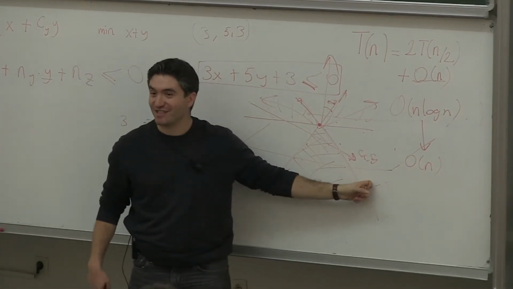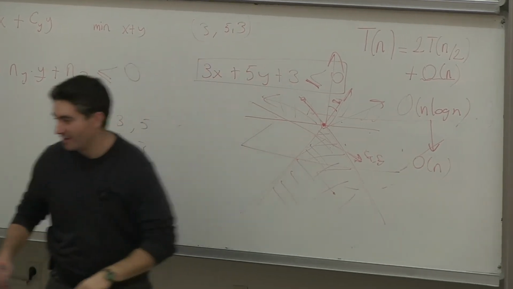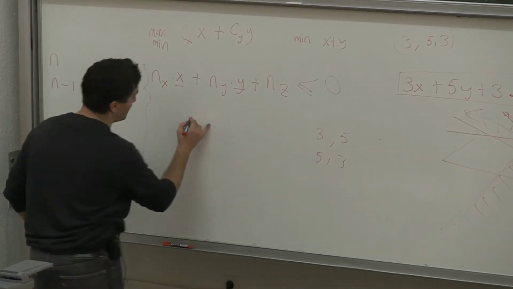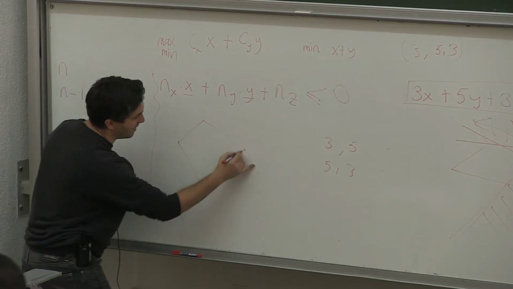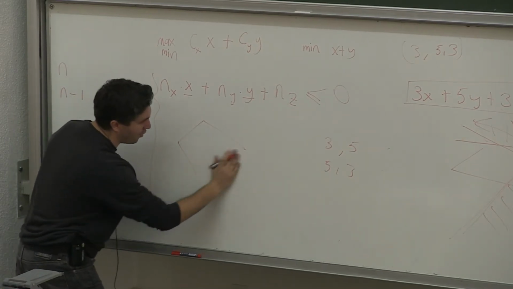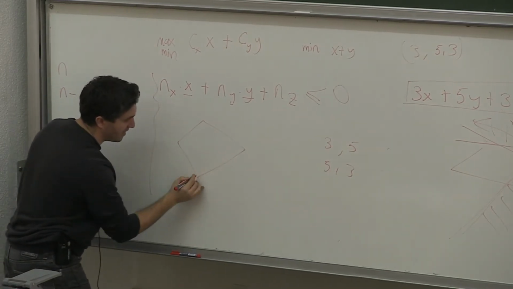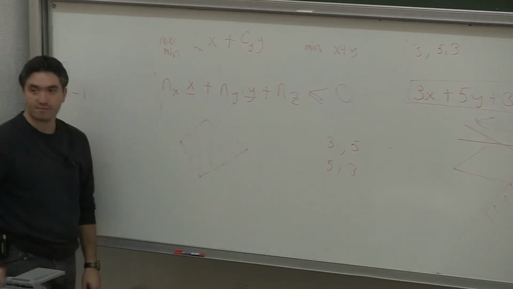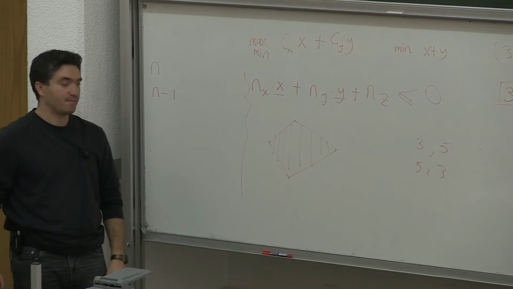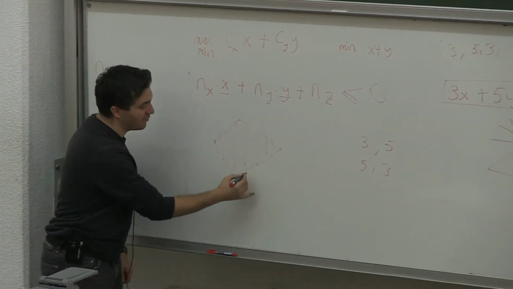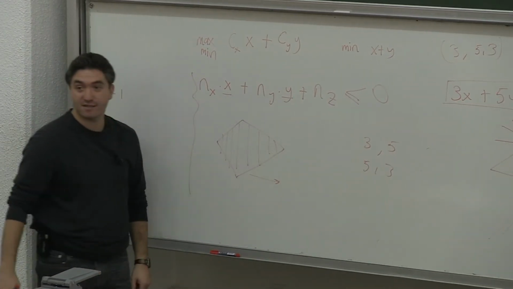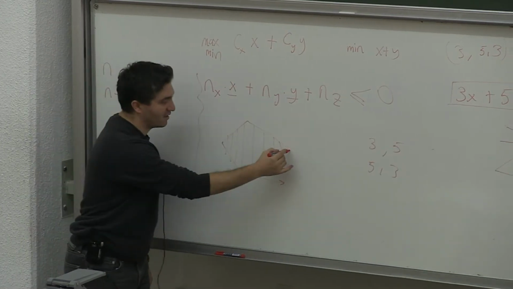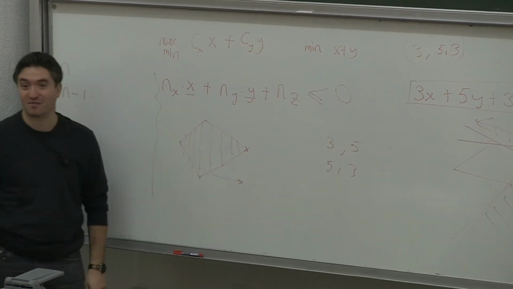in this direction. Meaning that, for example, let me draw, if this was my final convex region, this is my final feasible region. If your cx, cy is a vector like this, it's going to be this point that maximizes this function.